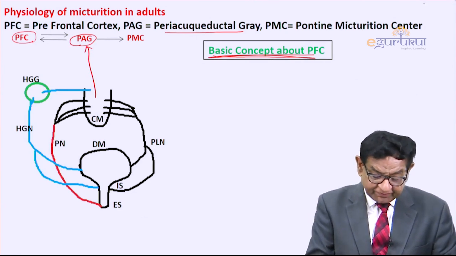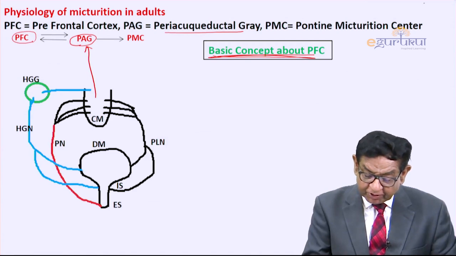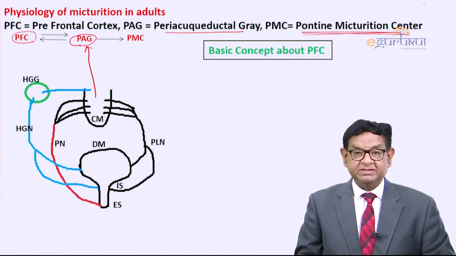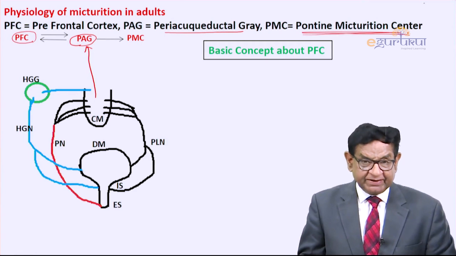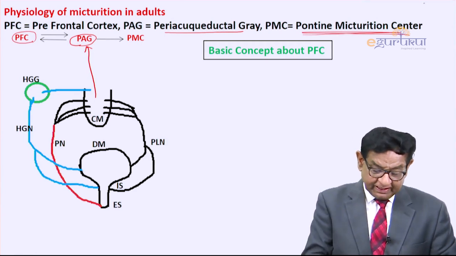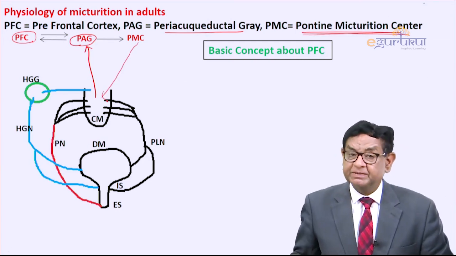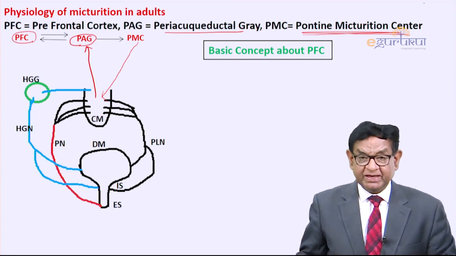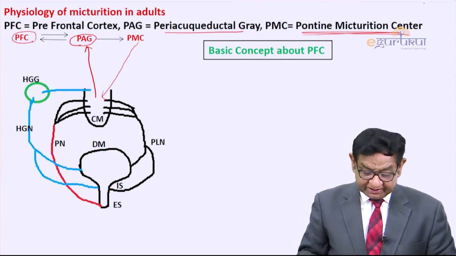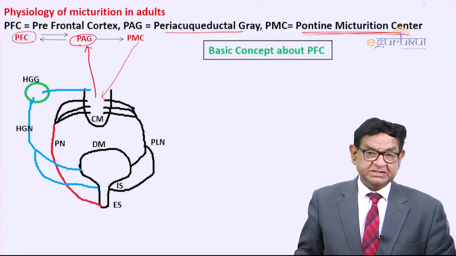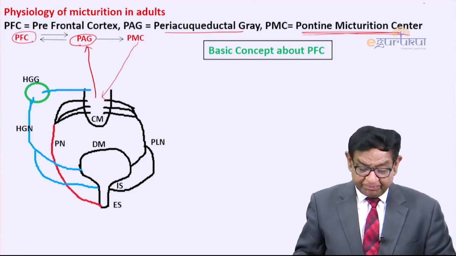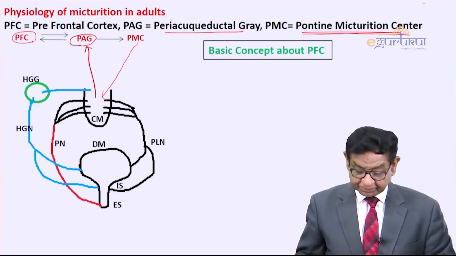Now this PAG will send a message to PMC. PMC is the pontine micturition center. It gets activated in the bathroom. And now this will send a message down to the pelvic nerve, and the pelvic nerve will get activated, the urine will pass. This is the normal method of micturition in an adult.